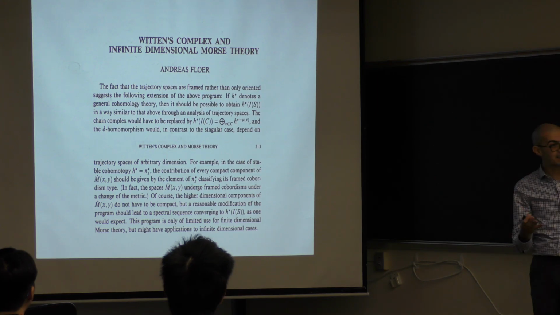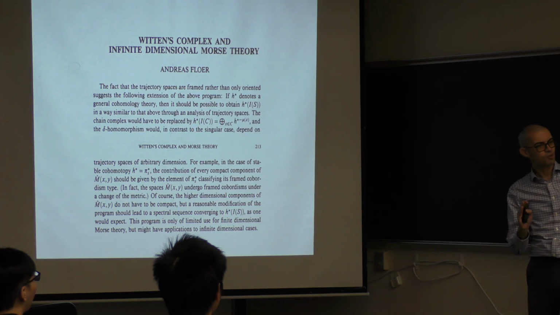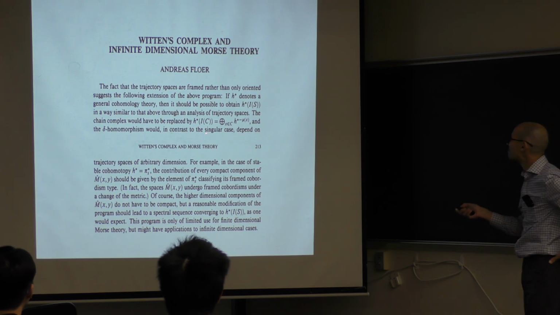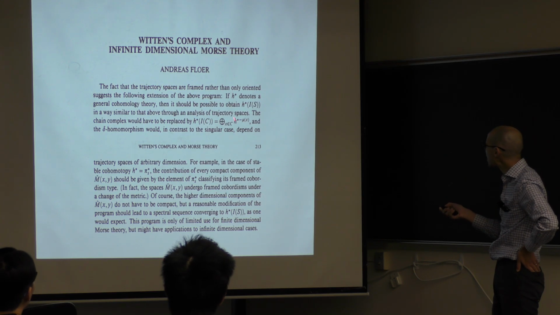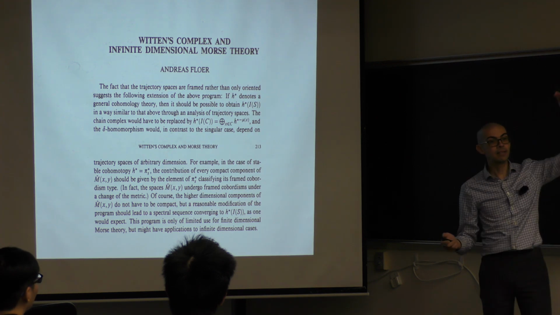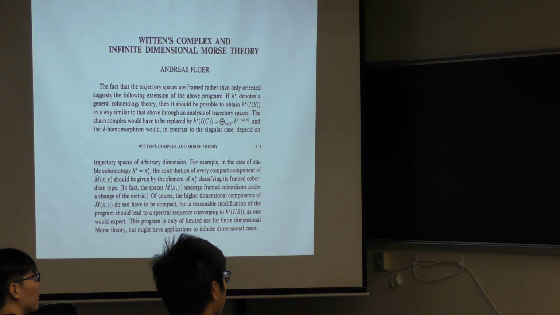This is pretty funny because it tells you that Floer probably hadn't talked to too many algebraic topologists, because this is just wrong. We're going to have a chain complex which will be a direct sum over all the critical points of the homology of a point, shifted by the index, which is basically the reduced generalized homology of the sphere.